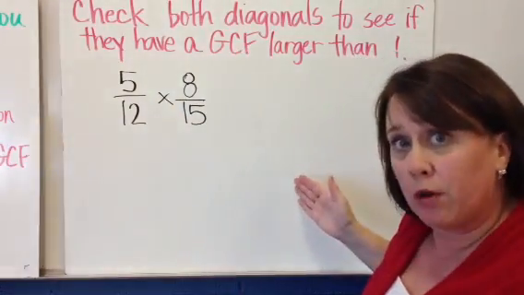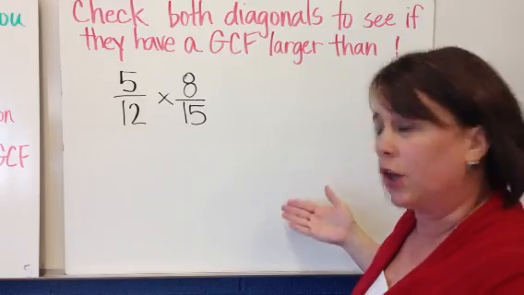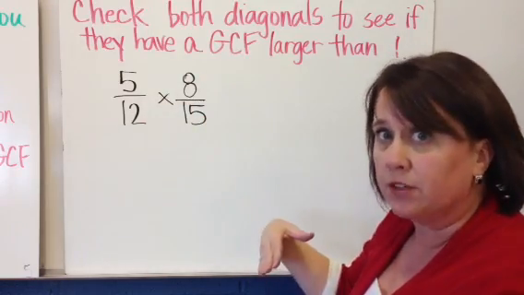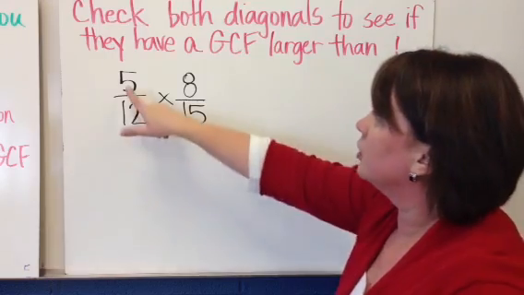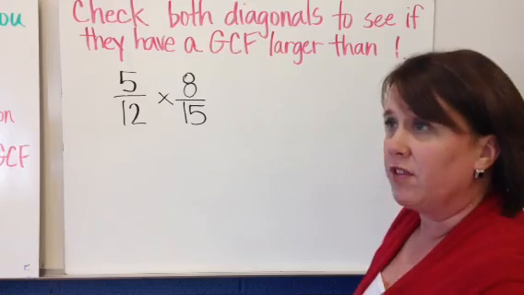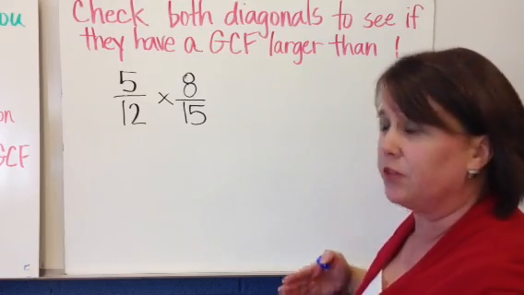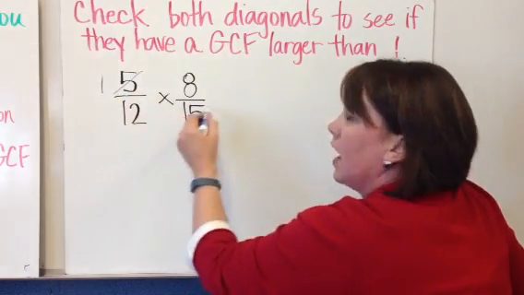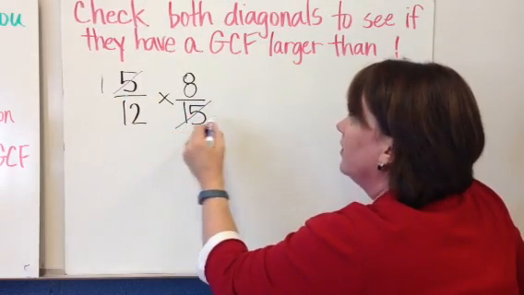Now let's look at one more situation. You can check both diagonals, like I said a minute ago, and see if you can find a greatest common factor and simplify before you multiply. Let's look at 5 and 15. 5 goes into both 5 and 15, and so I'm going to simplify now. 5 divided by 5 equals 1, and 15 divided by 5 equals 3.